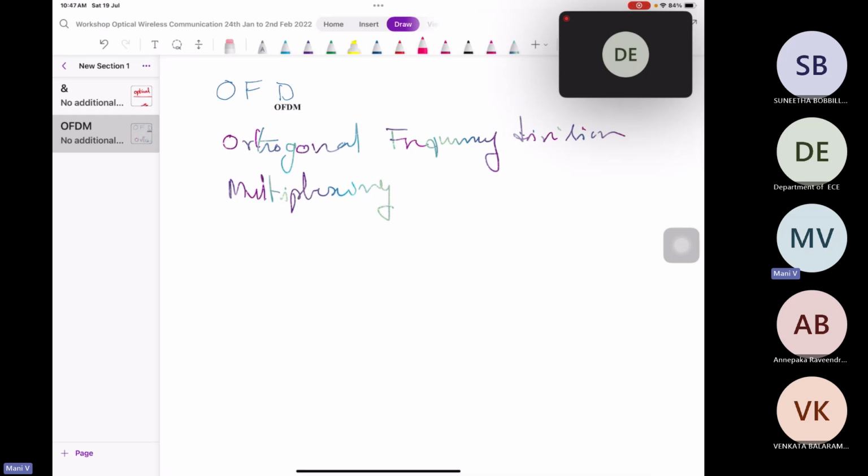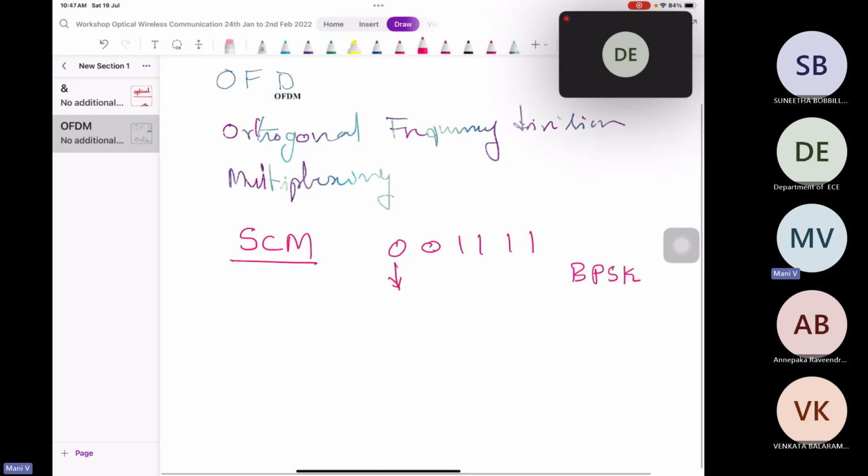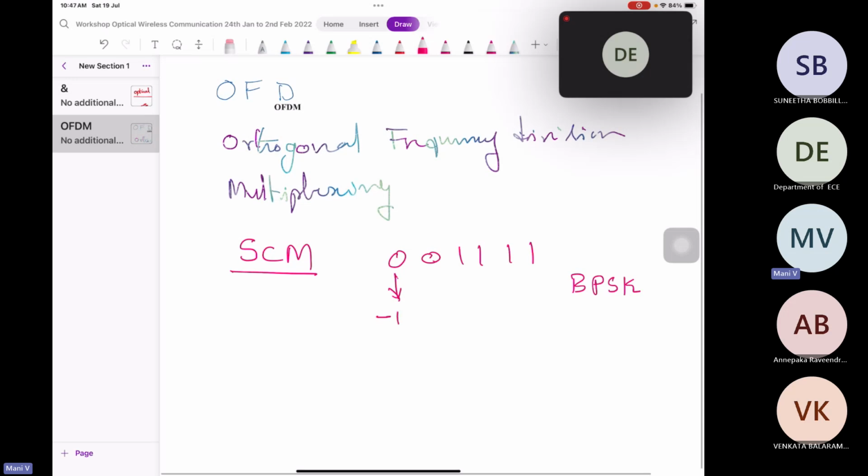In a general communication system, in a single carrier communication, we receive some data bits, and suppose I am using binary phase shift keying, BPSK. I translate 0 into -1, because 0 is not conveying any information. So we convert into +1 and -1.